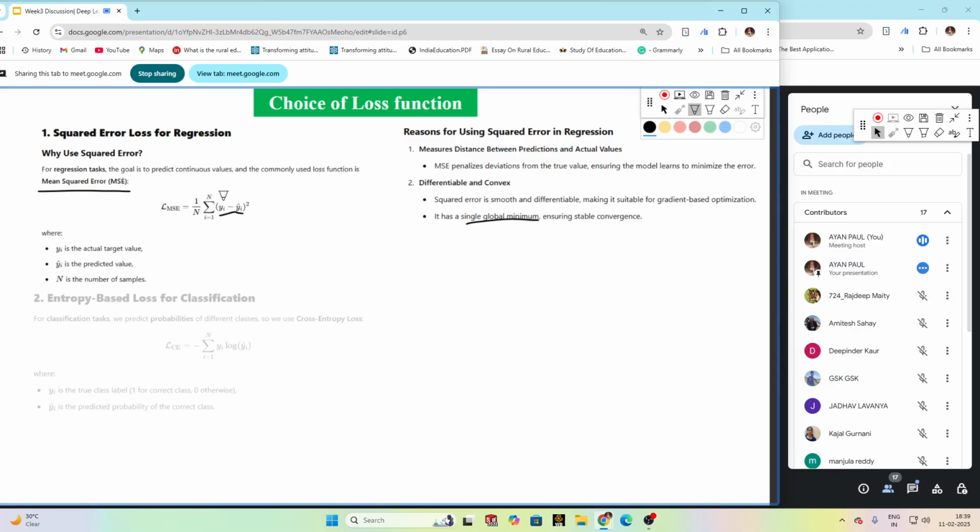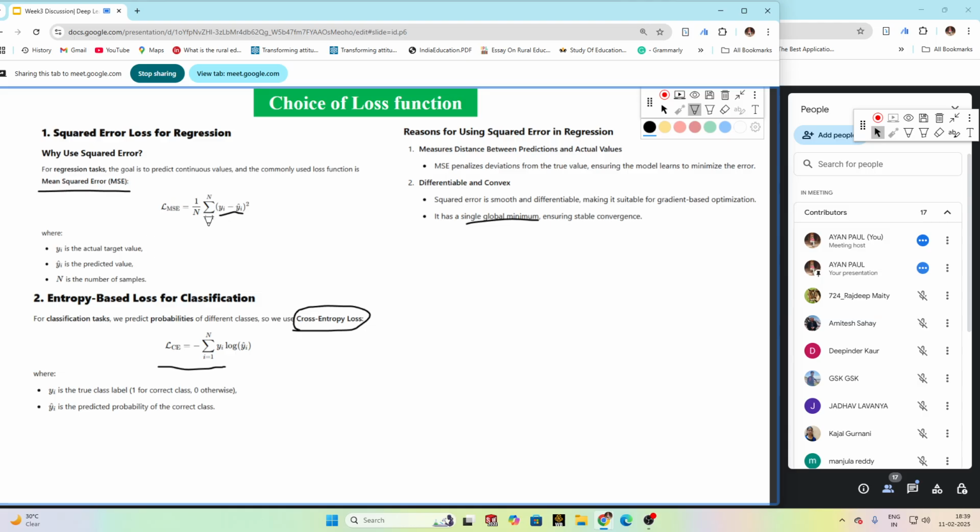regression task. But in the case of a classification task, we use something called entropy, or cross entropy loss to be precise. So what is this cross entropy loss? Whenever we are doing classification, we have this entropy formula. What does the entropy do?